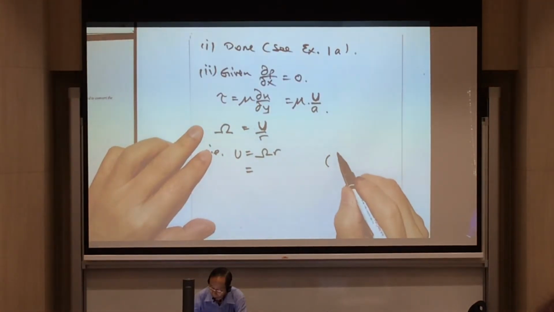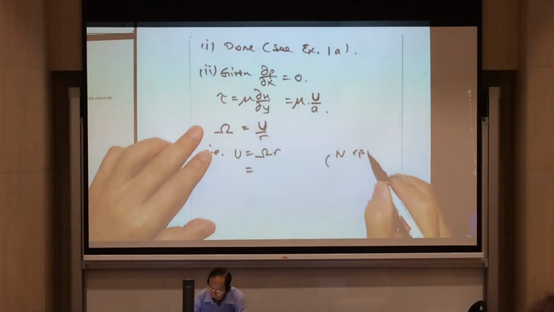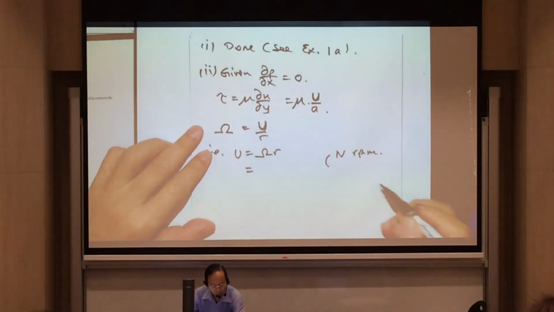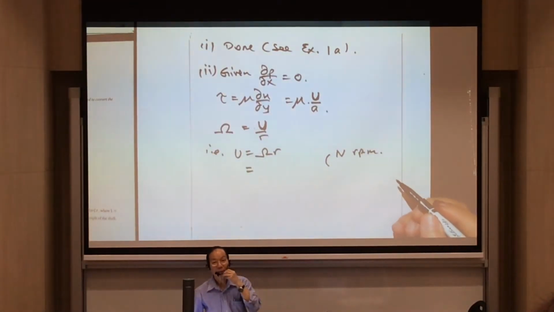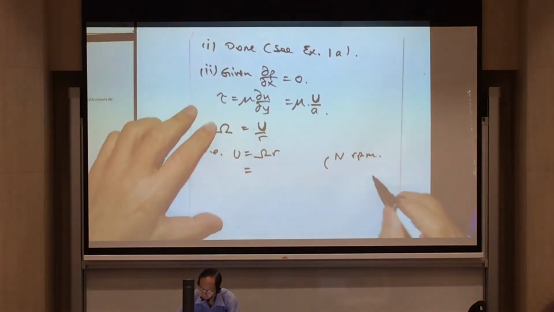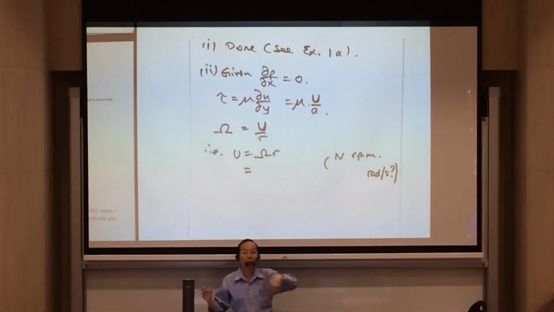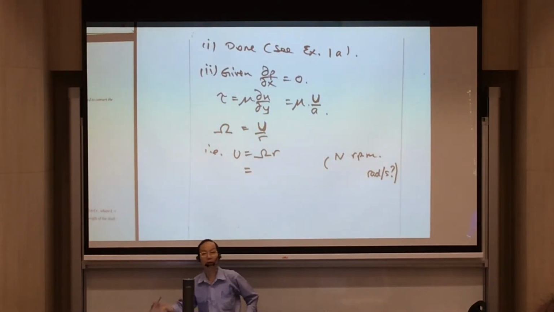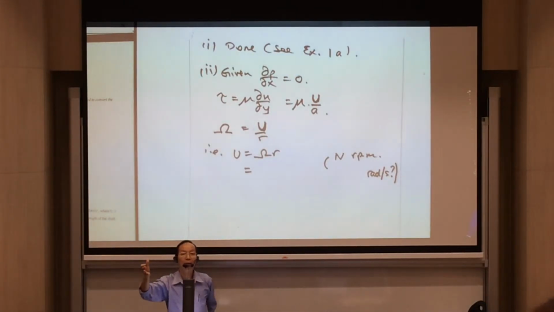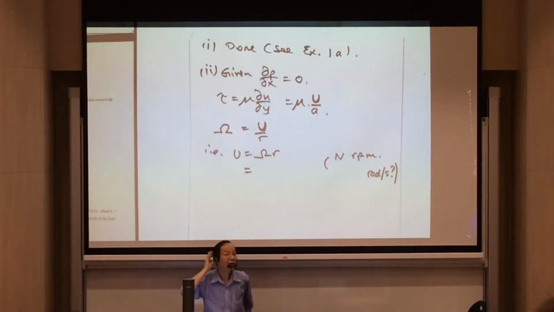If you are given n rpm, and your omega is in radians per second, how do we convert this to radians per second? Given n rpm, how do you convert to radians per second? Anybody?